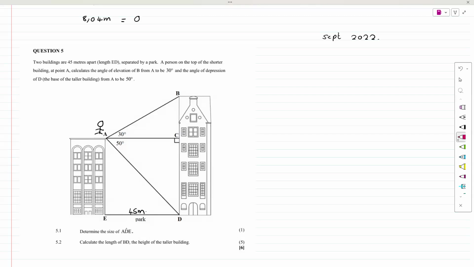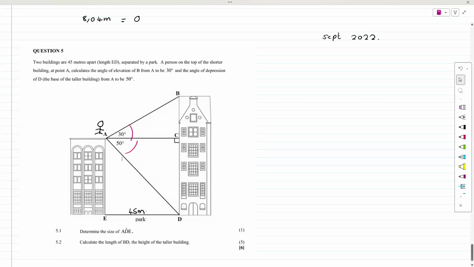The person calculates the angle of elevation from B to A is 30 degrees, and the angle of depression of D is 50 degrees. Okay, cool. Now, this question might seem difficult.